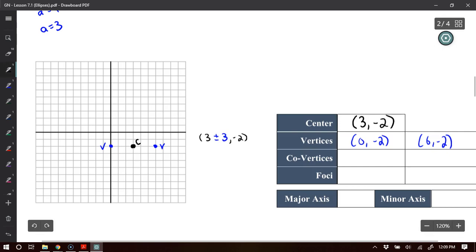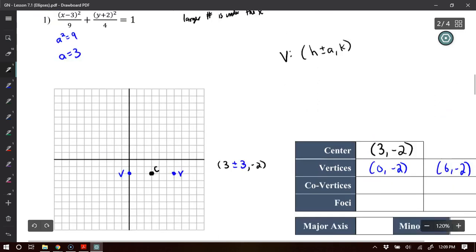That's the formula for a vertex for a horizontal ellipse: h plus or minus a, comma k. That's all I did. I added 3 to go to the right. I subtracted 3 to go to the left. So 3 plus 3 is 6, so I have 6, -2. 3 minus 3 is 0, I have 0, -2. So I could even use the formula.